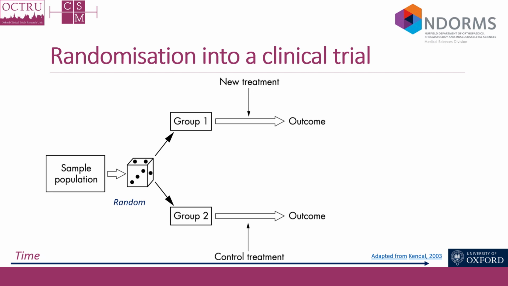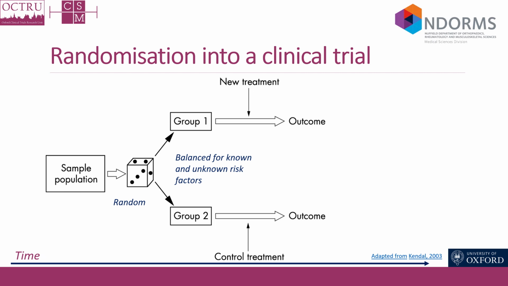Now, the key element here is the randomisation, and the randomisation ensures that the groups being compared are on average similar, or balanced, at the start of the trial for known and unknown risk factors. These could be observed or unobserved characteristics of the patients.